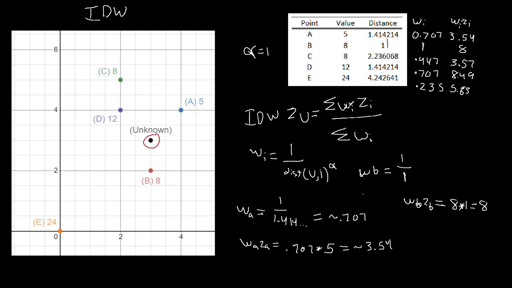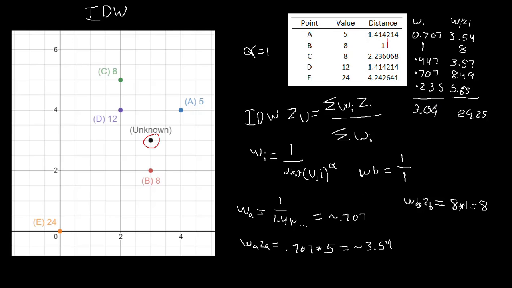All right, so we've calculated the WIZI. We've calculated all the WIs. Now I have to sum these things up. So we're just going to add these 2 columns, the sum of the weights. If you add this up, roughly 3.09. If you sum this column up, roughly you're going to get 29.25. Now I know if you're doing the math at home, I might be off by like a decimal place here, like this may be 3.08.